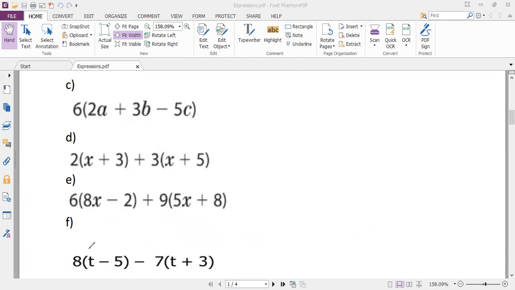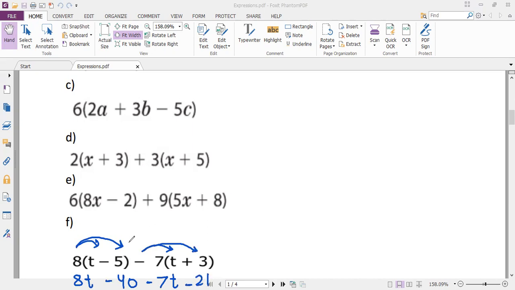Let's go to the next. I have 8 multiplied by t, it's 8t. And 8 times negative 5 is negative 40. And I have minus 7 multiplied by t, it's negative 7t. And this negative multiplied by 3 is negative 21.